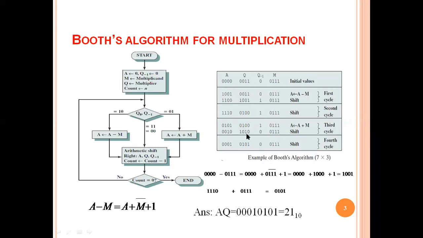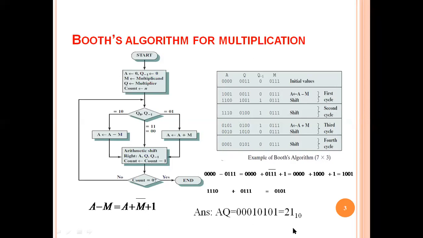So 0 comes here, 1 comes here, this 0 comes here, this 1 comes here, this 0 again comes here, this 1 comes here, this 0 comes here, this 0 comes here, and for the leftmost bit we copy the sign bit. The sign bit is 0, so we put the 0 here. So the fourth cycle, number of bits n is equal to 4, the algorithm completes.